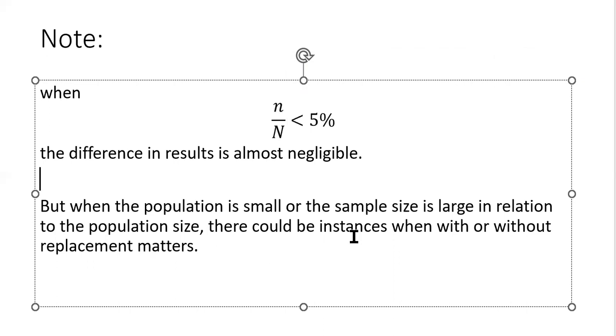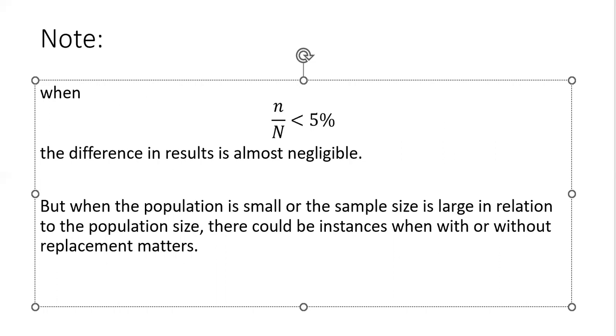So it doesn't matter whether we select with replacement or without replacement. But when that sample size compared to the size of the population is bigger than 5%, then it will have an effect.